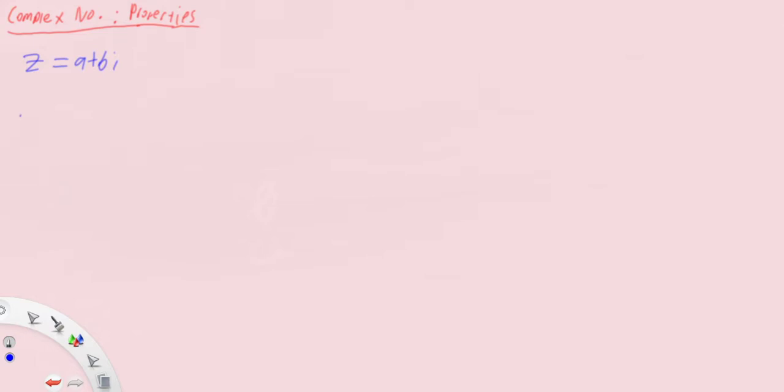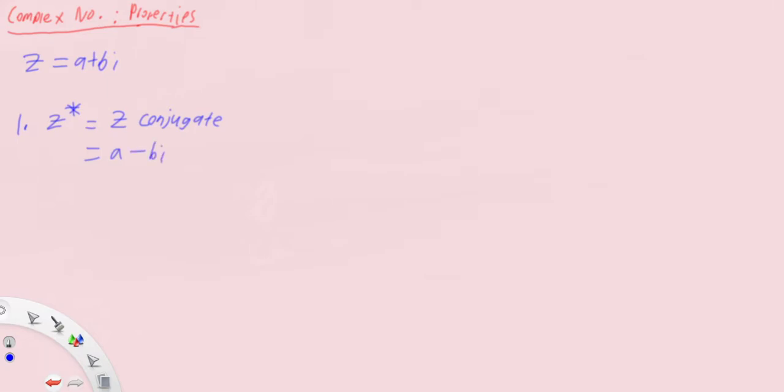So the first property is actually more of a notation. If you see z asterisk, this is called z conjugate. So what is a conjugate? In complex numbers, conjugate basically means that you have the same real portion, a, but your imaginary portion is flipped.